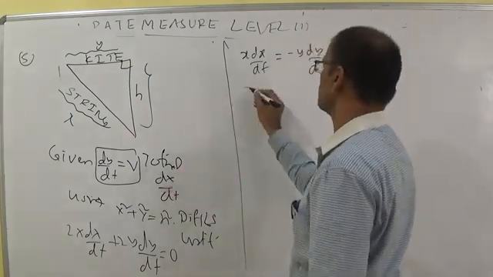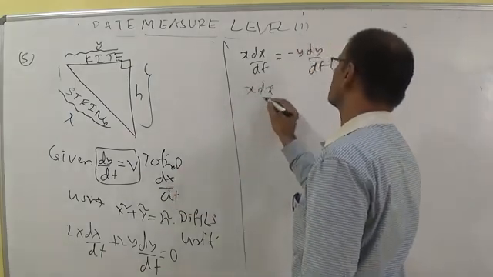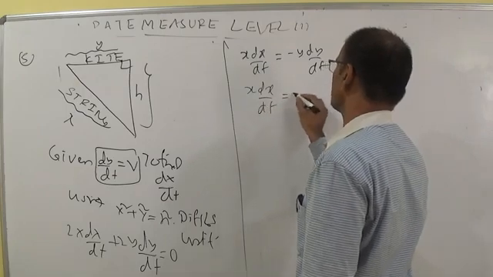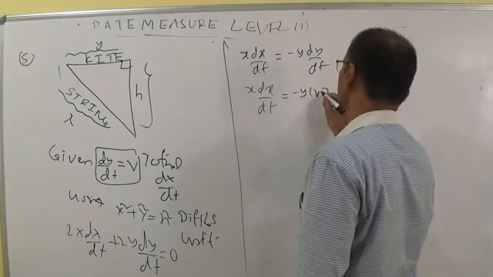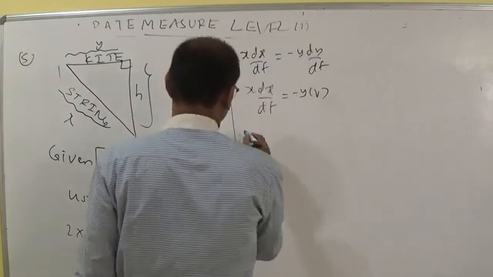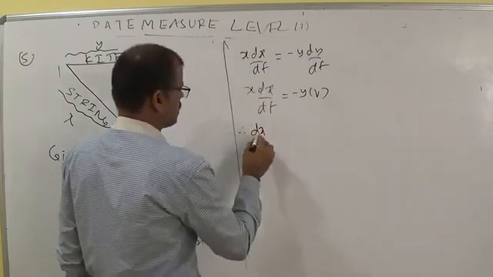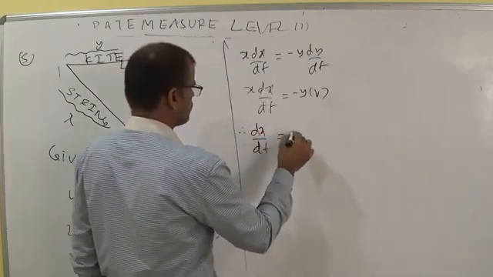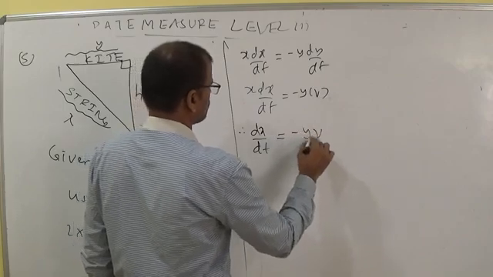He has given a constant velocity. So x into dx/dt is equal to minus y into v. Therefore you can write here dx/dt is equal to minus y into v by x.